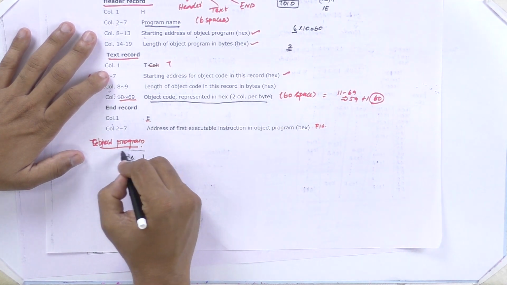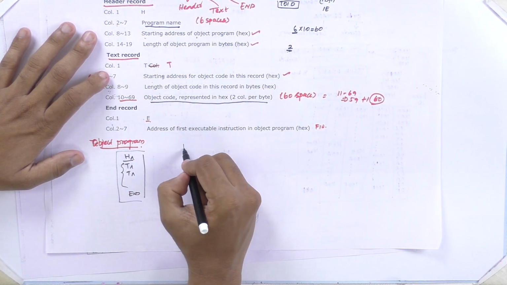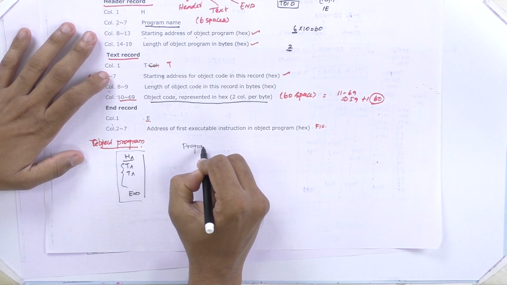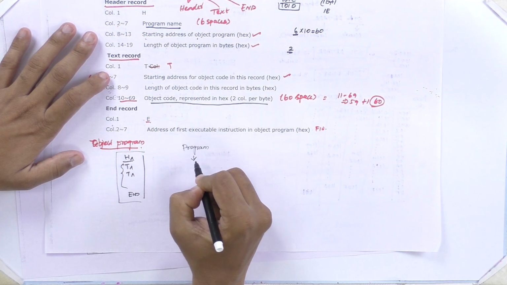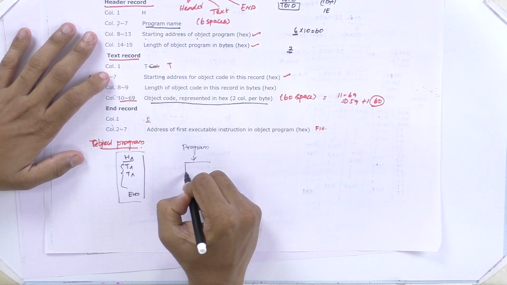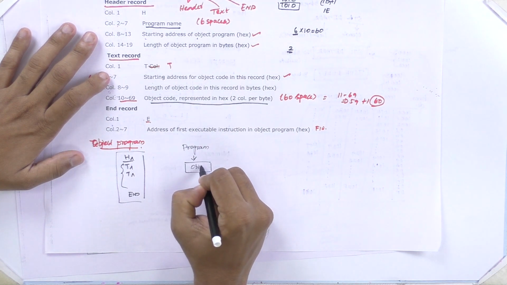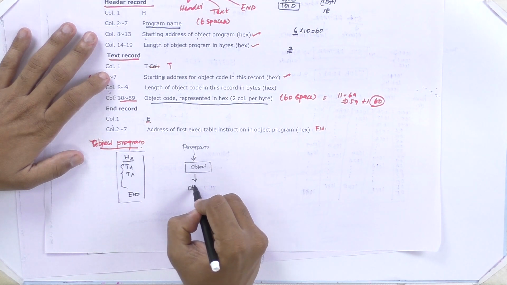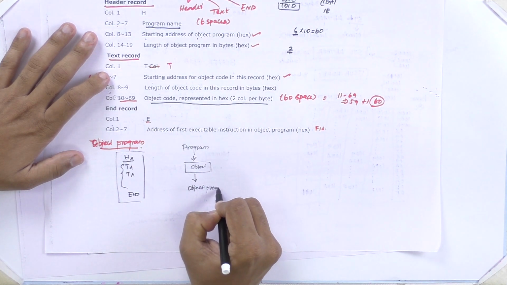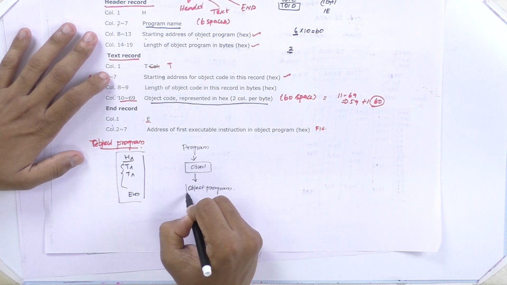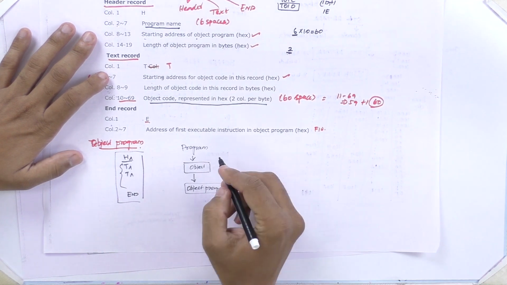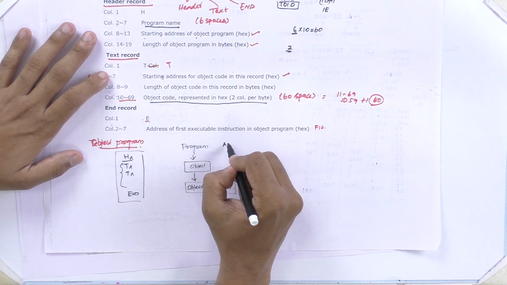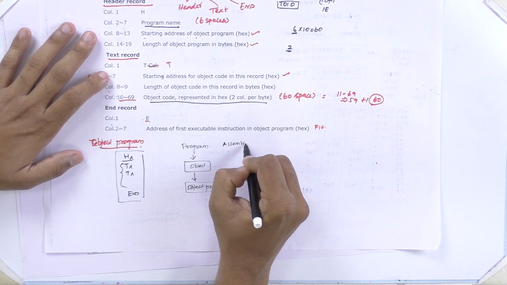So here, what we have discussed today is we have seen a program. The program was converted into object code, and by using the object code, we have written the object program. So this is a two-step process. The program was an assembler program.